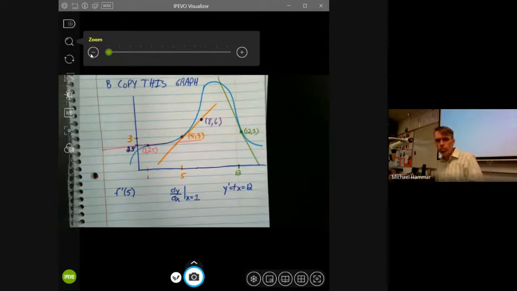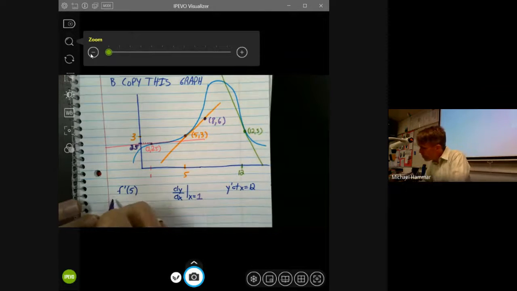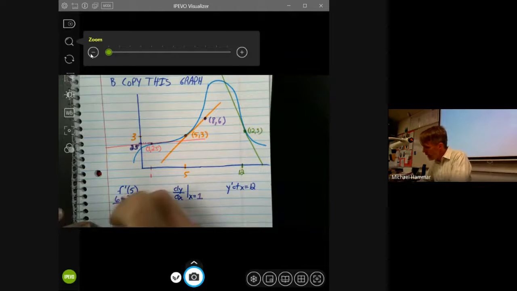So now we use the average rate of change to find the slope of the line here. We're going to use 8 and 6, so we'll use 6 minus 3, subtracting the y's, over 8 minus 5.